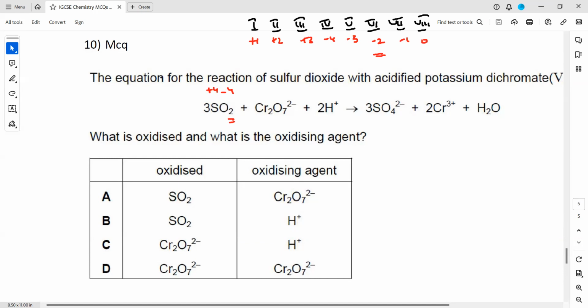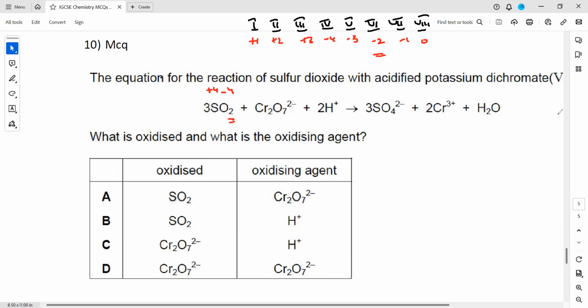It will be +4, because when the molecule is neutral, the sum of oxidation numbers should be 0. When a molecular ion or a charge is there, the sum of oxidation numbers should equal the net charge. So in sulfur dioxide, sulfur is +4. Now move on to the next one, the dichromate ion.